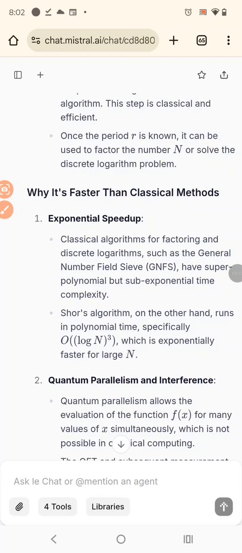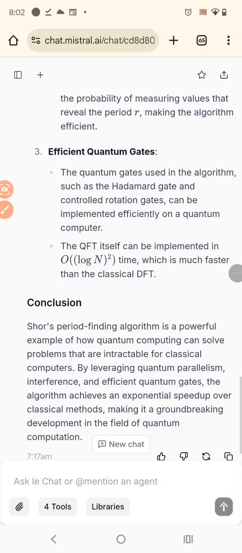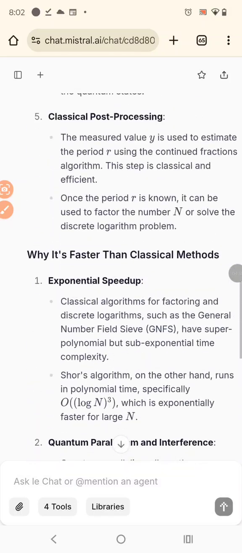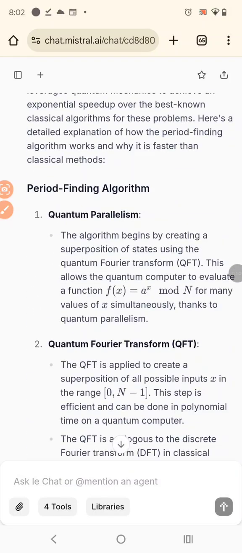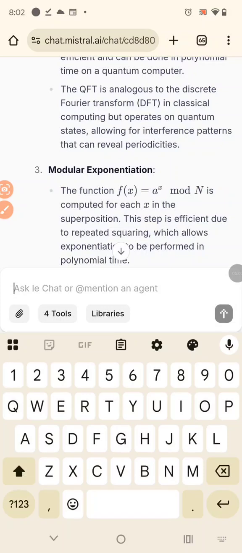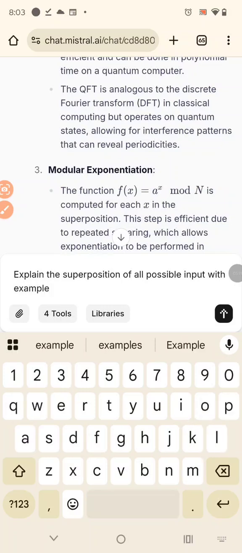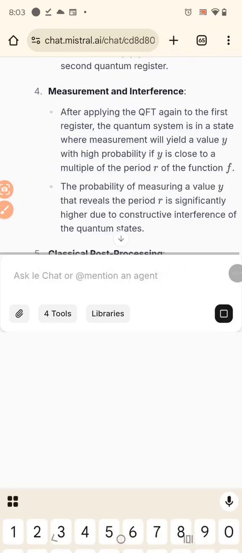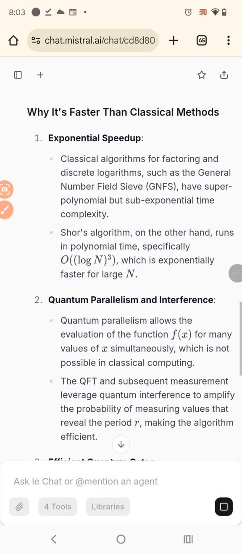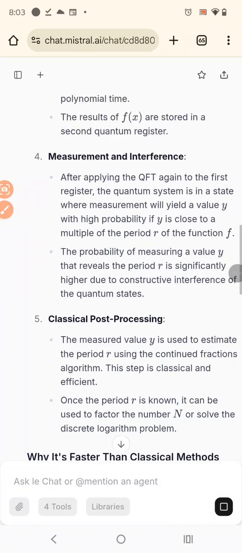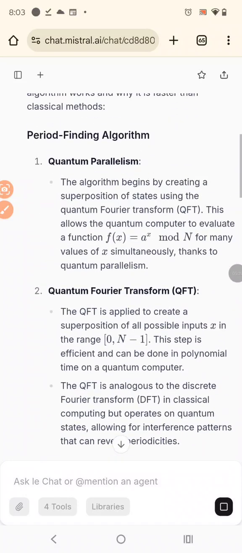So the main thing here is this superposition of all possible inputs.